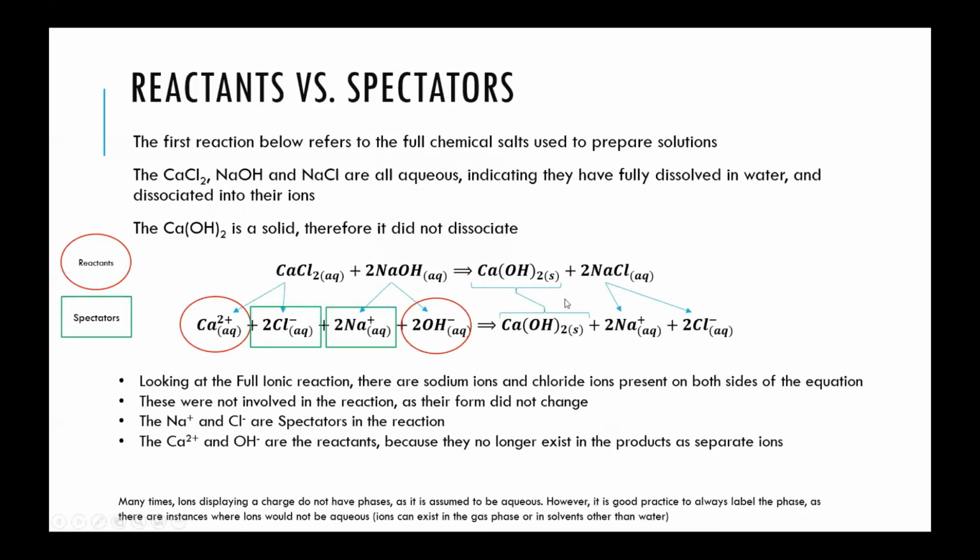So in the reaction itself, there was the calcium chloride and the sodium hydroxide that was giving way to calcium hydroxide and sodium chloride. You notice that all of these have had a phase on them. The calcium hydroxide ends up being a solid, but I listed all of the other samples as aqueous.